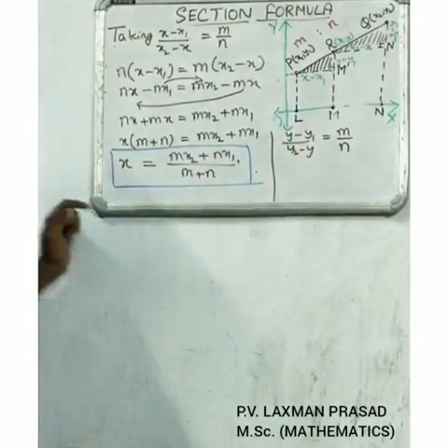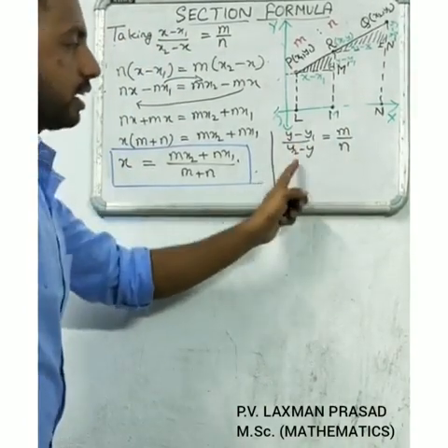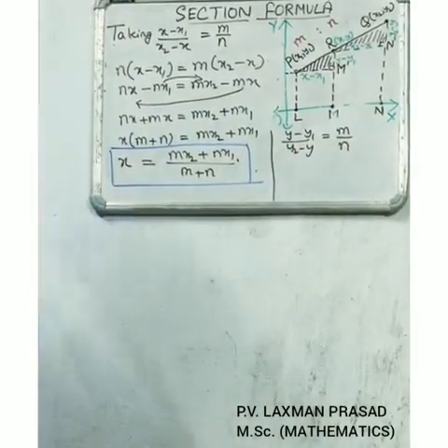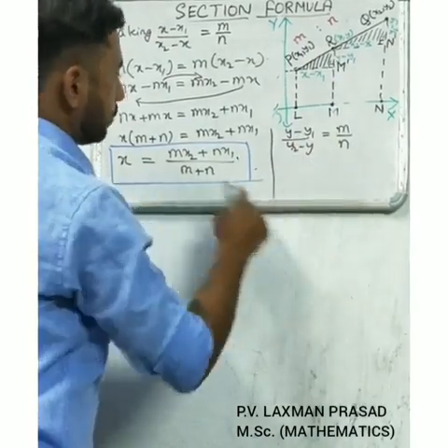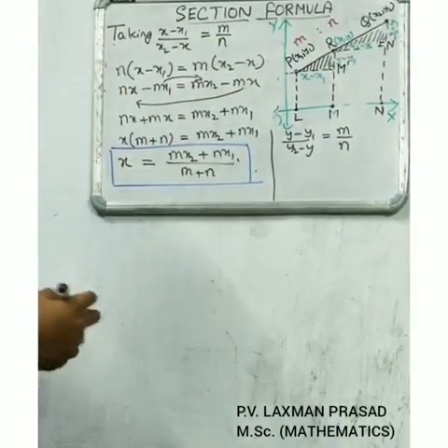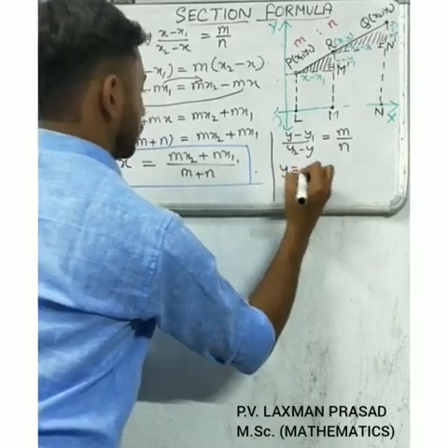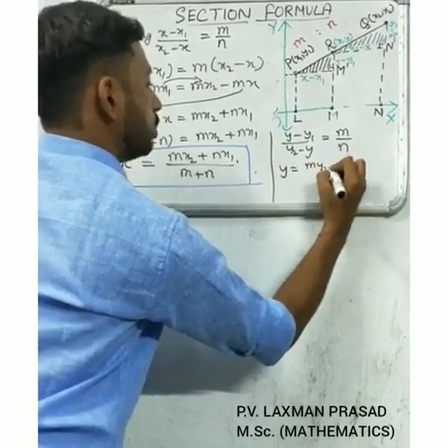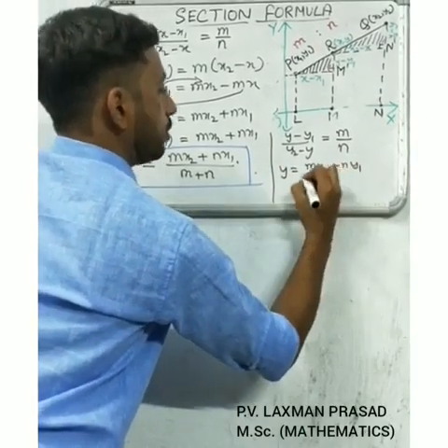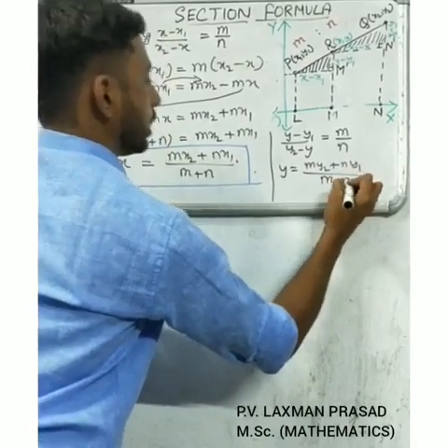This is obtained by equating the second and the final part. If you cross multiply them and solve it similarly, you will obtain y equals (m y2 plus n y1) by (m plus n).